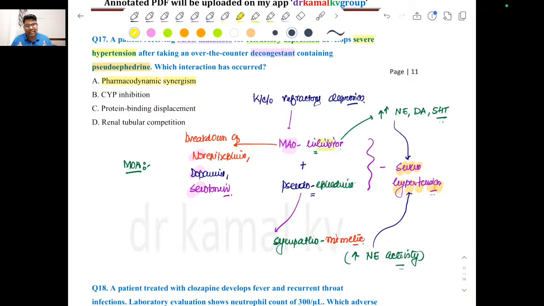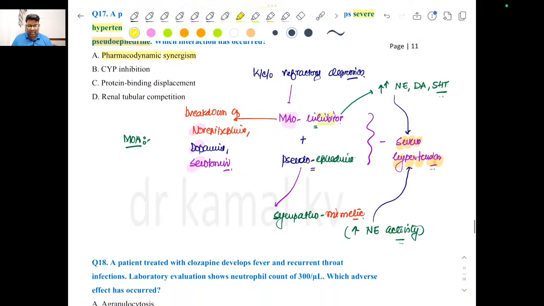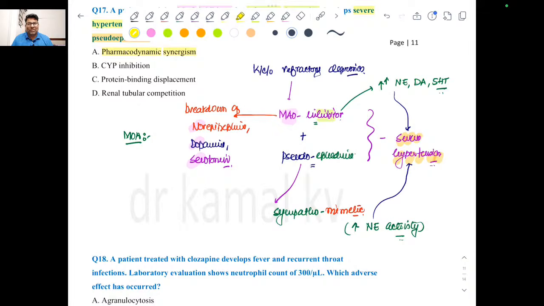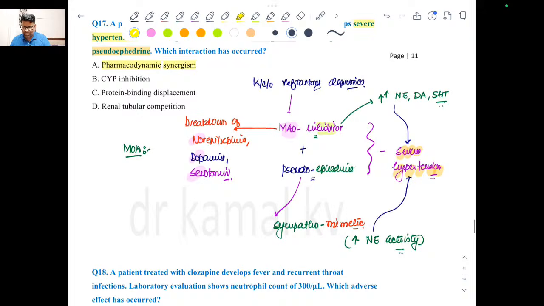Means they both are acting in the same direction, in the same manner, and therefore the ultimate effect is more pronounced as compared to the individual drug, right?